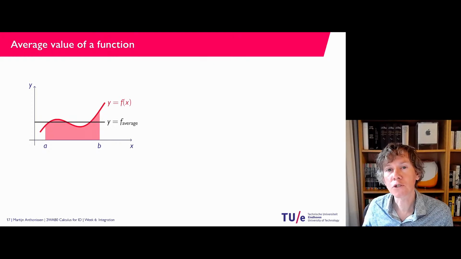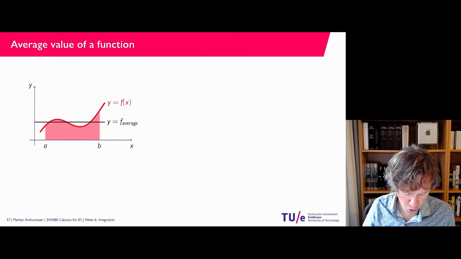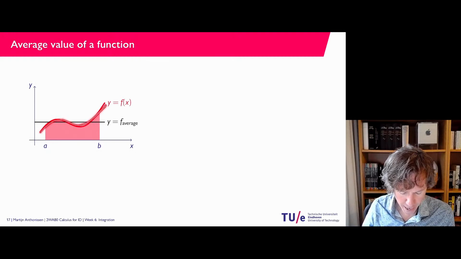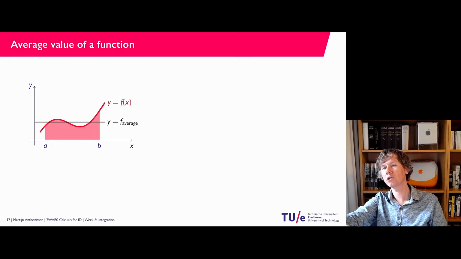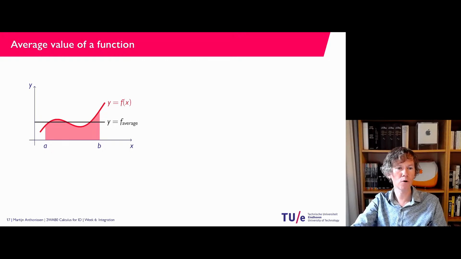Using integrals, you can talk about the average value of a function. So if we have a function like this, you could think that you have a tank of water and that you have a wave there going in one direction and you would like to know the average height. If you just leave your tank and let the water settle down again, which level does it take? So what is the average value of the function?